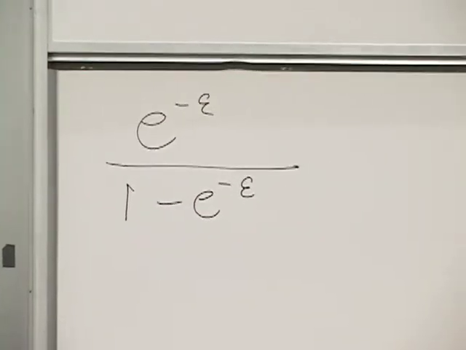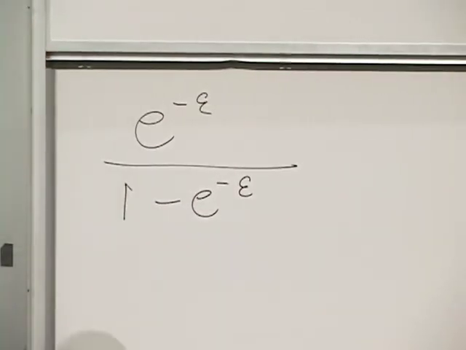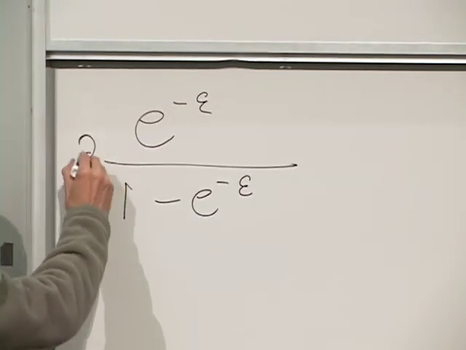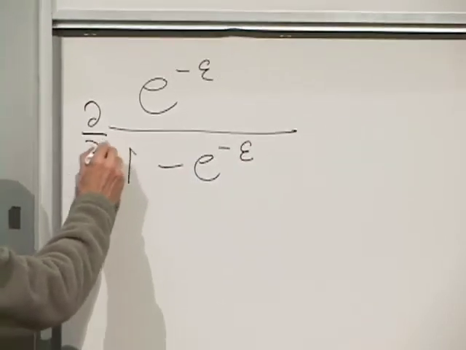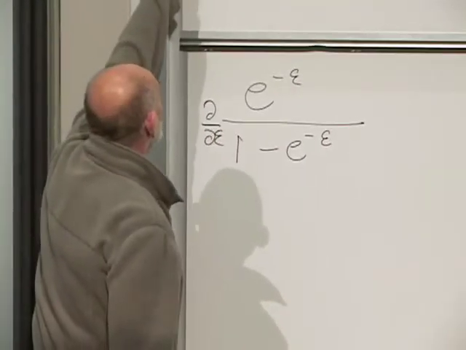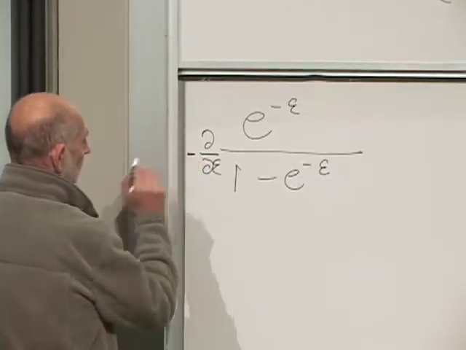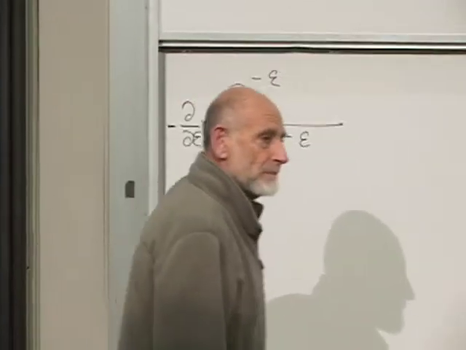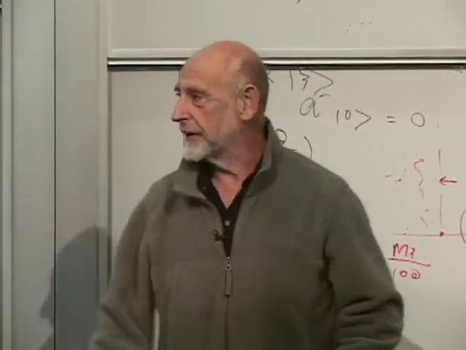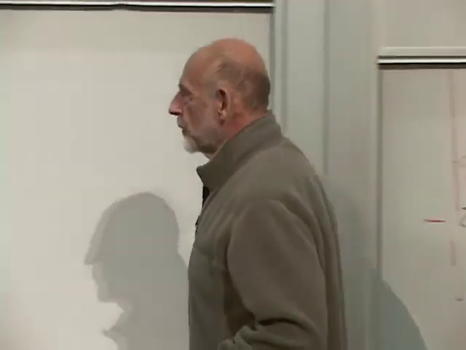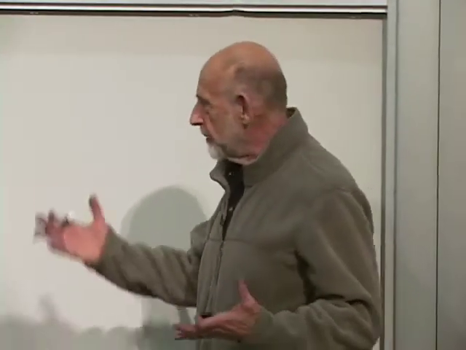Okay, that's the thing that we want to differentiate with respect to epsilon. That's this, and put a minus sign in front of it. This is something you can do at home or for homework, but I'm going to show you roughly what happens.